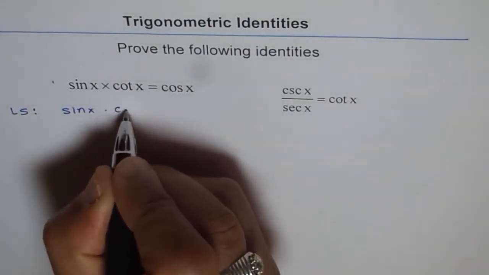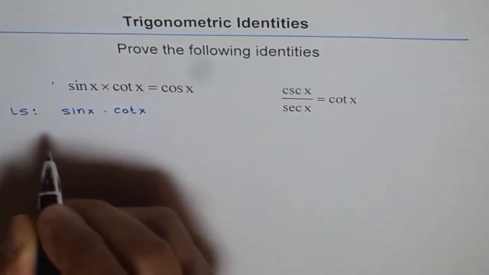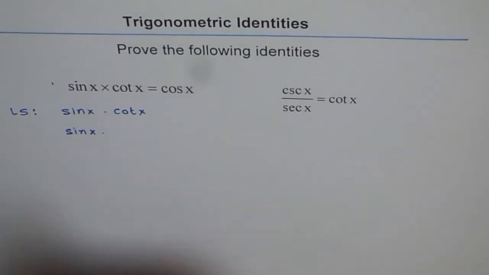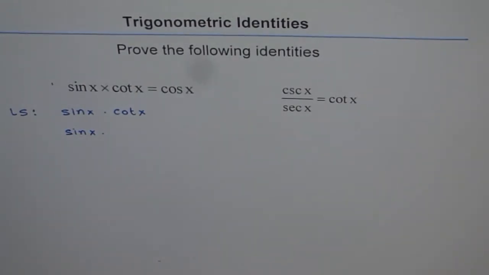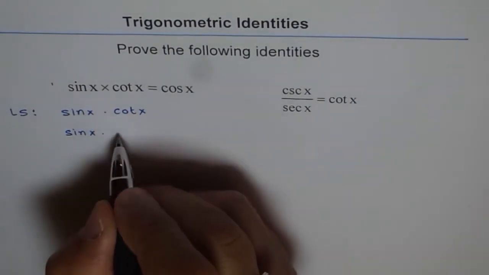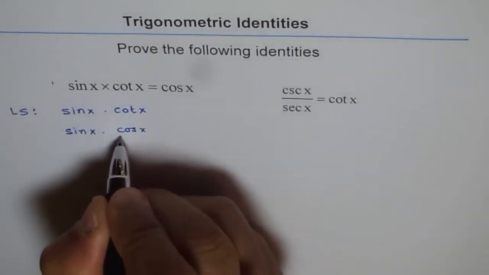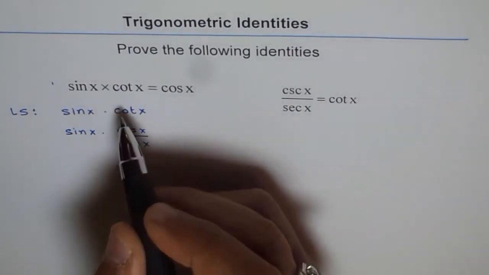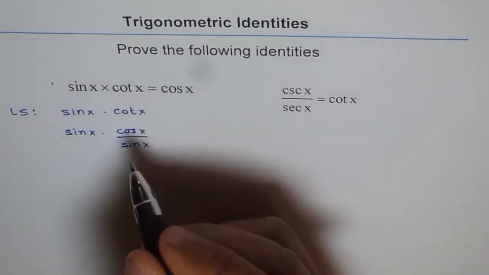times cot x, right? Now here the thing is that we can write cot in terms of sine and cos. You know, cotangent is reciprocal of tangent, so cot x is actually cos x over sine x, right? So that is the reciprocal identity. Cot is 1 over tan, right?